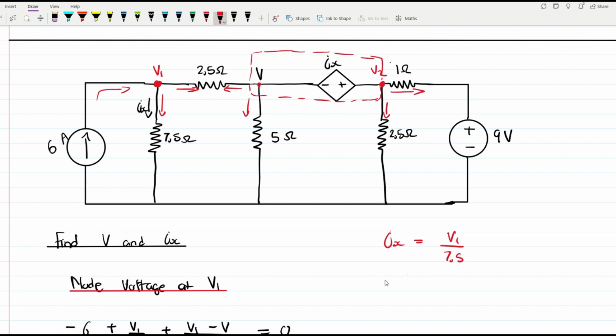And then we're going to have another constraint which says V2 is equal to this voltage right here plus this voltage right there. It's written Ix, that is because the value of this voltage is the same as the value of the current Ix. So we're going to have V plus Ix. So this is what we have right here.